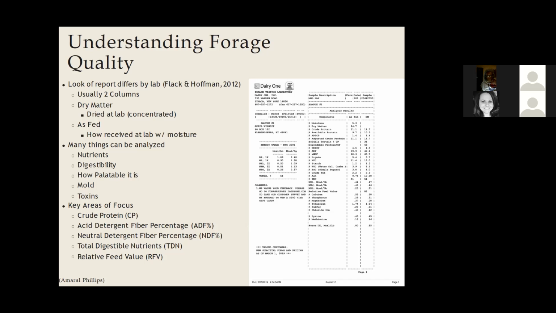We want to keep in mind, though, even though crude protein is at the top of the list for feeding livestock, dry or forages, energy is probably the most important nutrient we look at. So just because crude protein's at the top, don't count on it being the most important. Other things we'll be looking at is acid detergent fiber, neutral detergent fiber, total digestible nutrients, and relative feed value.